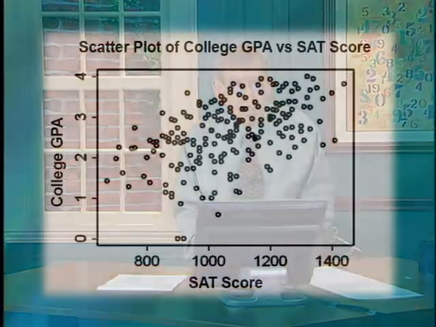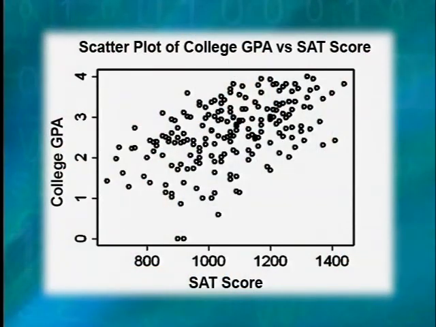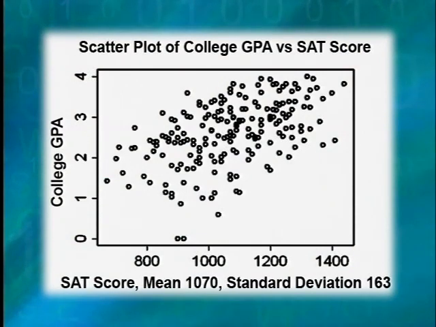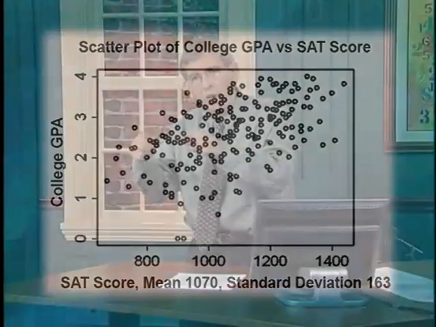And for example, let's just look at our example here. In this example, the mean of just the SAT scores turns out to be 1070. That's the mean. And the standard deviation is 163. So remember, the standard deviation is some measure of how, on average, how far apart a typical score is from the mean of the whole population.